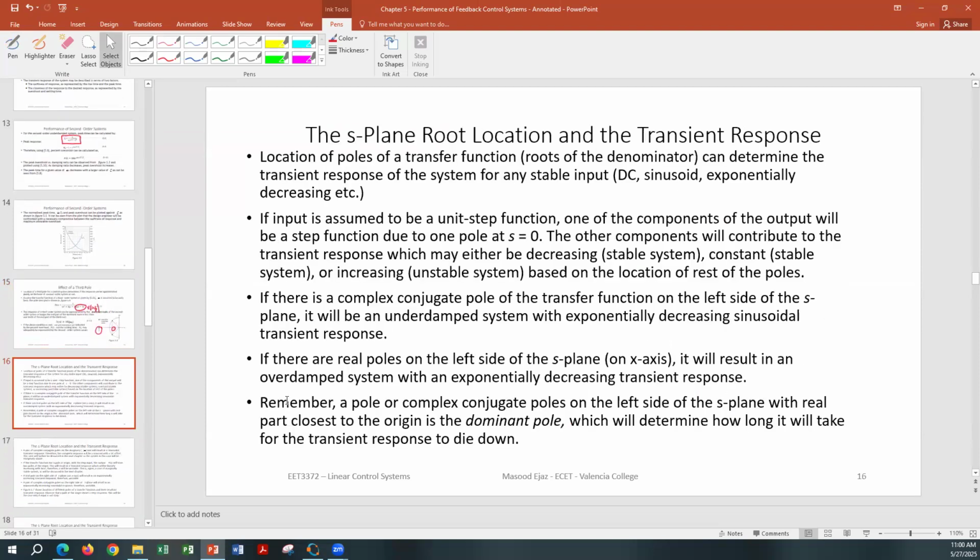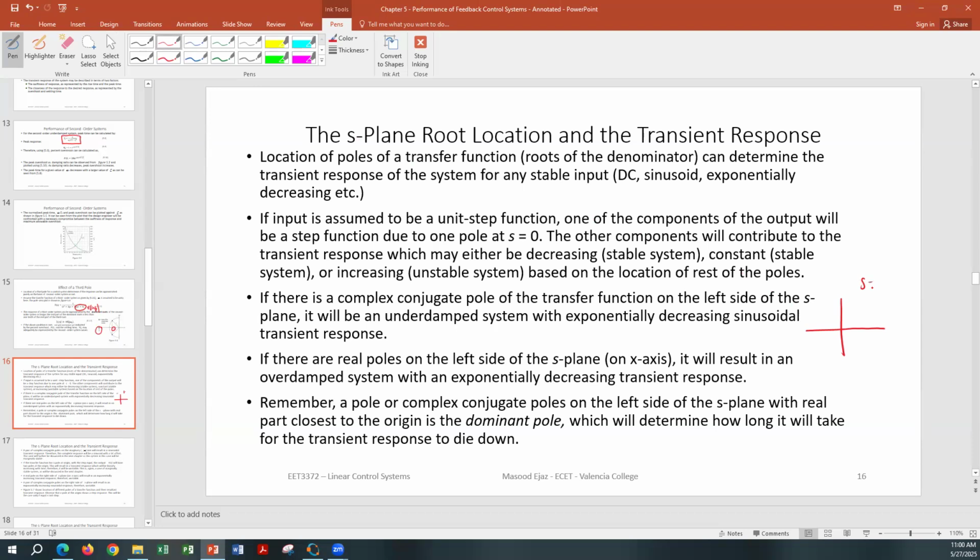Okay, transient response is important, and understanding, without going into the calculation, where your poles are located is key, because poles basically determine how the transient response is going to be. So where your poles are located on the S plane, if you have that understanding.